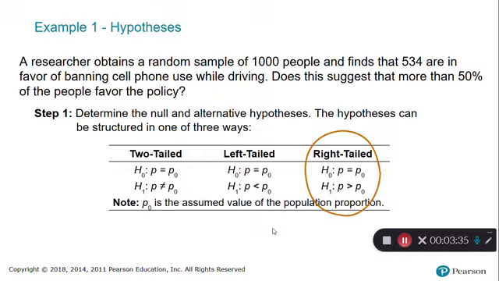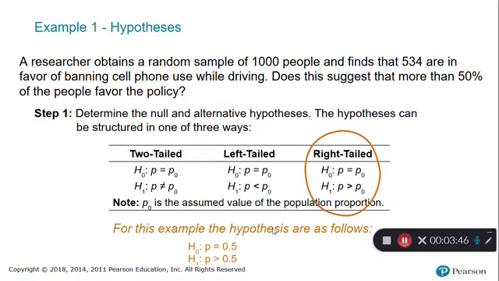What we want to do is actually put in a value for P0, and that value would be whatever the assumed value of the population proportion was. In this case, the assumed value was 50%. So the hypotheses would be as follows for this example. H0 is that P is equal to 0.5, and H1 is that P is greater than 0.5.